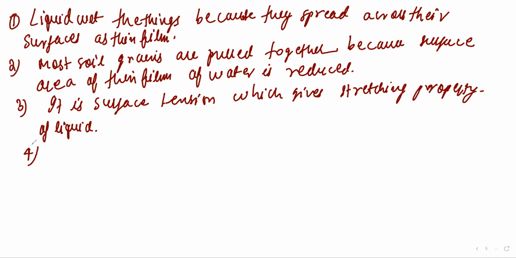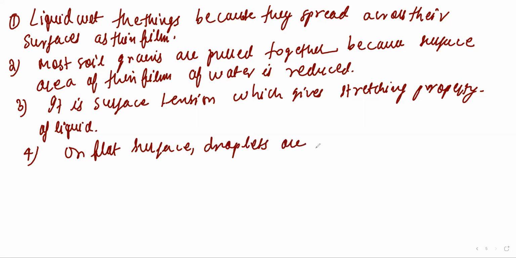Right. Next, on a flat surface, drops are slightly flattened by the effect of gravity. So when water or some liquid is dropped on a flat surface, what happens? It is flattened by the effect of gravity.